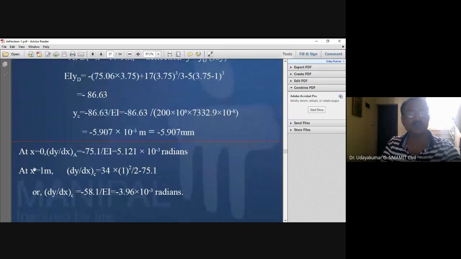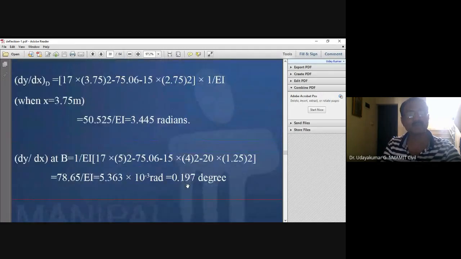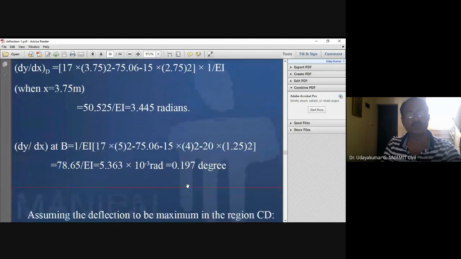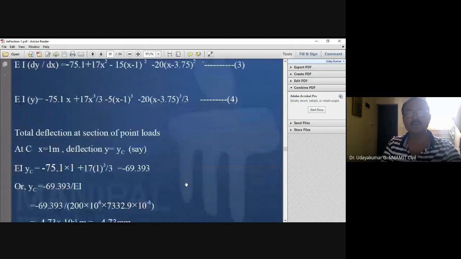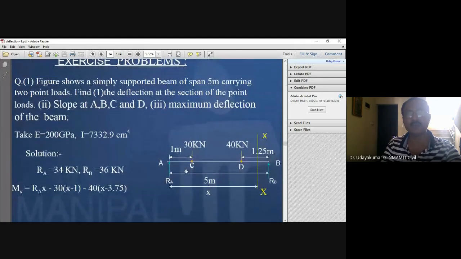And to get the slope, put the value of x equal to 0, you get the slope at the support in radians. To get the maximum deflection in this problem, it will be between C and D, or where slope is 0.